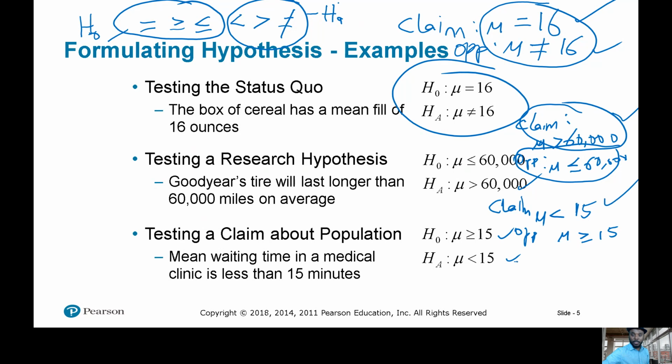If it's not stated that way, you wouldn't be proving the claim. So that's really how to formulate your hypothesis.